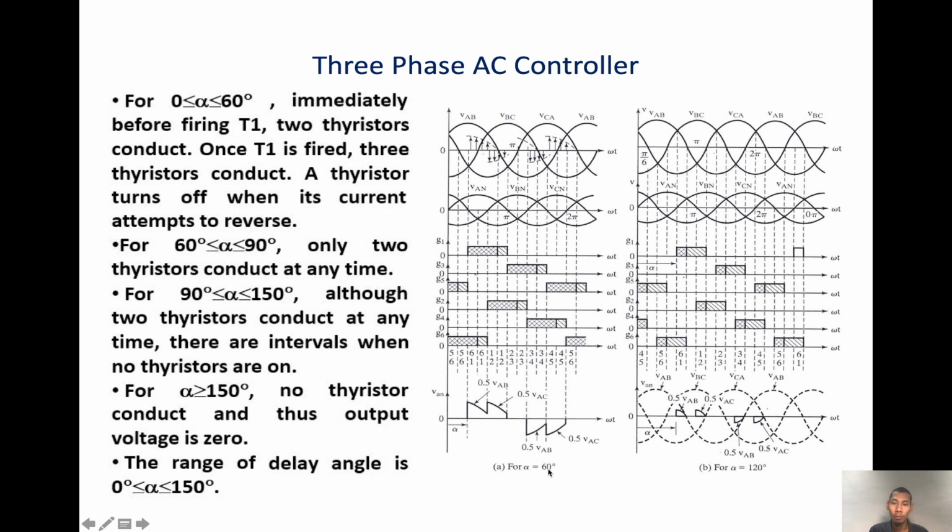When alpha is bigger than 60 degrees, the number of thyristors on is only 2. And in the case of alpha 120 degrees, the number of thyristors on is also 2, but there are intervals when no thyristor is on. So this interval makes the output become 0.